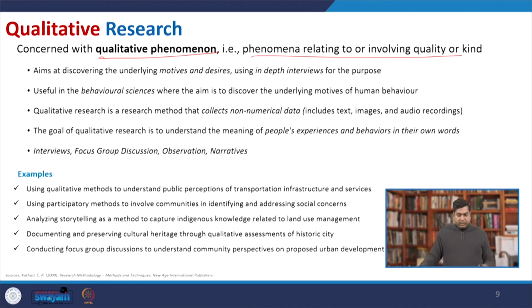Some of the characteristics of qualitative research: it aims at discovering the underlying motives and desires using in-depth interviews. It is useful in behavioral science, where the aim is to discover the underlying motives of human behavior.